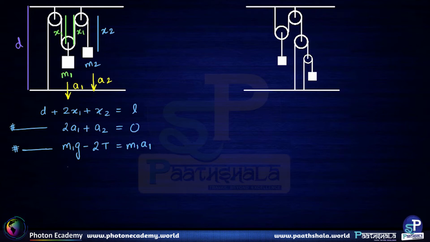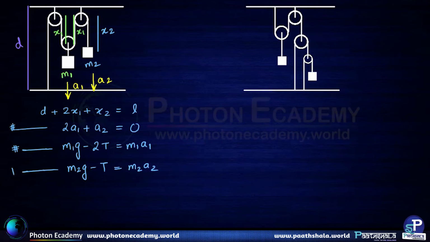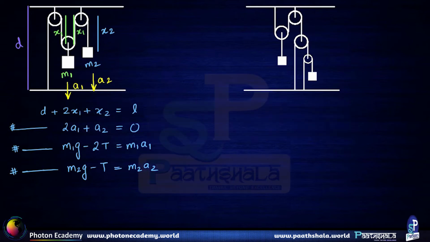For the mass m2, we can write m2g minus t is equal to m2a2. This is the equation for the mass m2. On the mass m2, only one single tension acts, as can be seen from the diagram. Here 2 times t is acting, and here only one single t is acting. So these three equations will give us the correct solution for this particular problem.